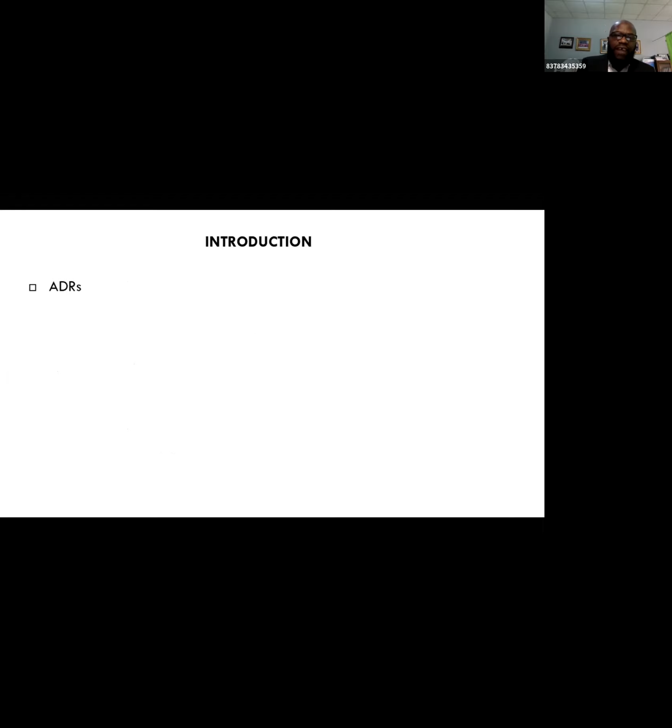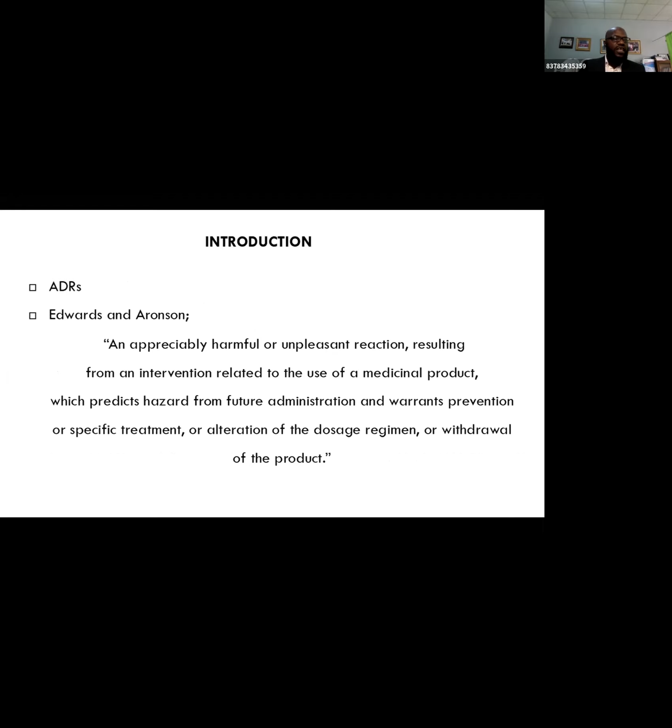Now, what are adverse drug reactions? Basically, this is a definition that encompasses all the previous definitions of adverse drug reactions. They've been defined as a harmful or unpleasant reaction that is appreciable in nature, which means it's manifested, and it results from the intervention related to the use of a medicinal product.